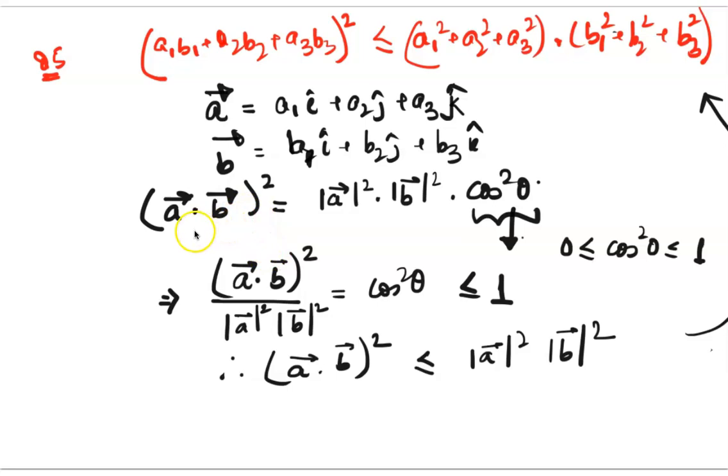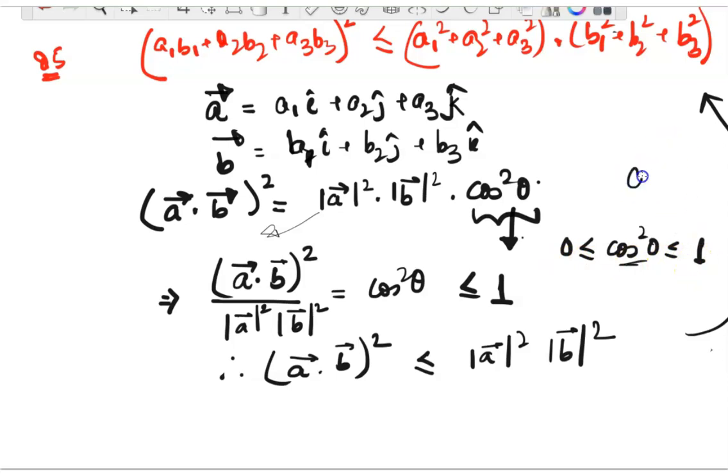Now we know that dot product a dot b is equal to mod a mod b cos theta. So if we do whole square, we get this equation. So a dot b whole square, if I bring both of these down, so (a dot b) whole square over mod a whole square mod b whole square is equal to cos square theta, and we know that cos square theta lies between 0 and 1, okay?